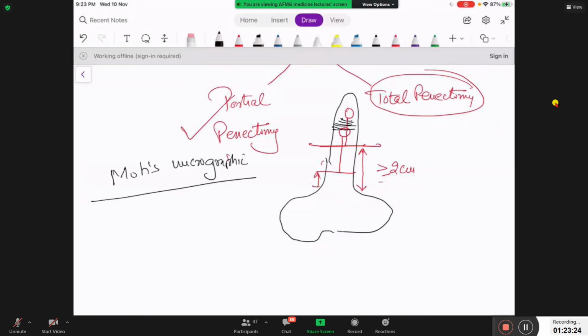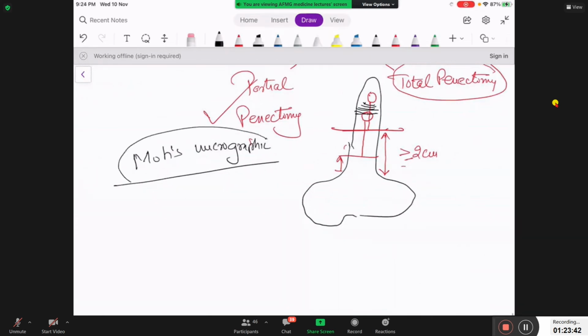This is called Mohs micrographic excision. Its advantage is that we could conserve or preserve a part of the penis. And this has come up in penile malignancy now.